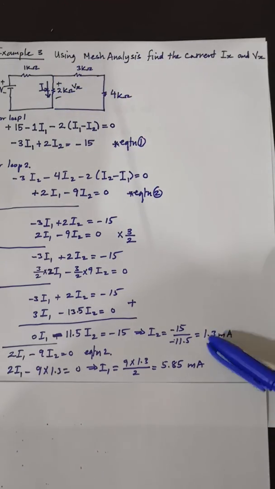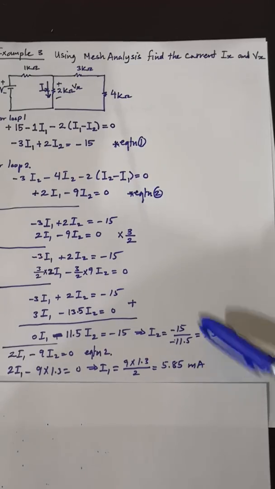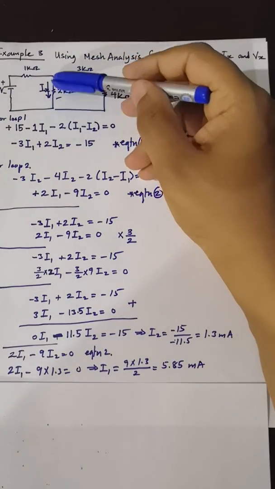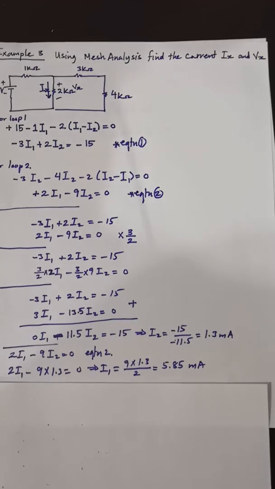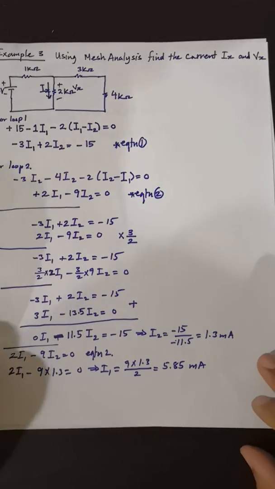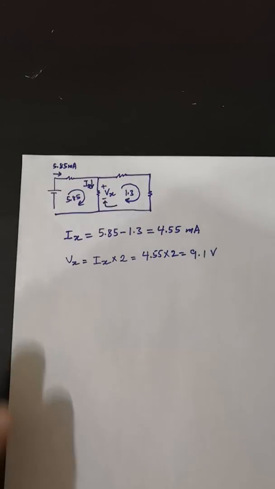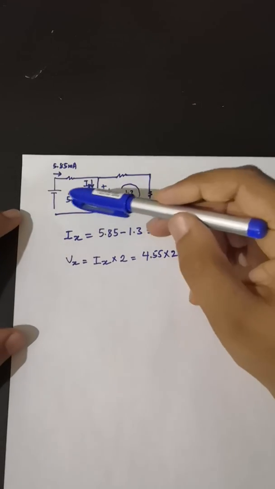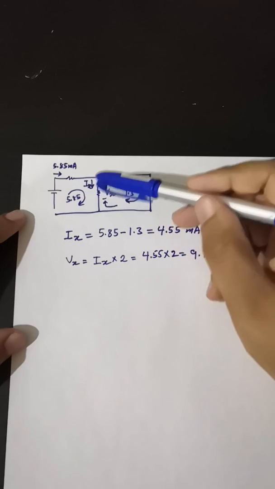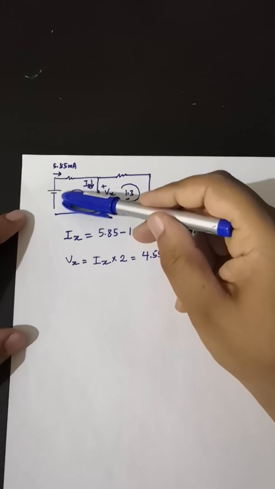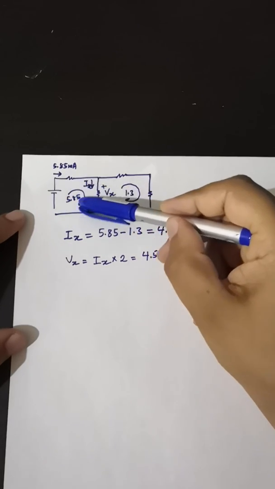So it means I have to use these values to find the current that goes into this resistance. Now, what I'm doing here, I'm writing the values of the current. This is I1 is 5.85. That is the current that goes in this loop.